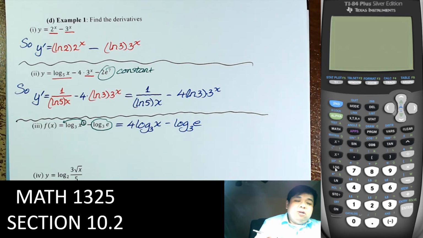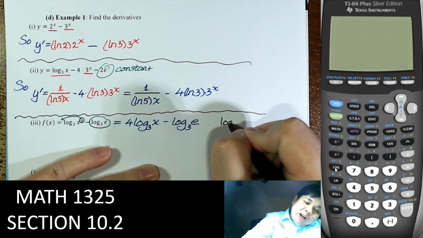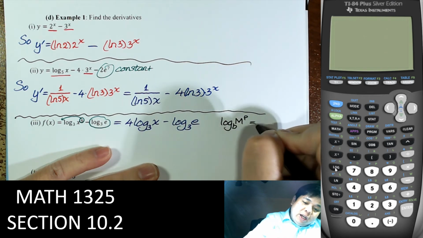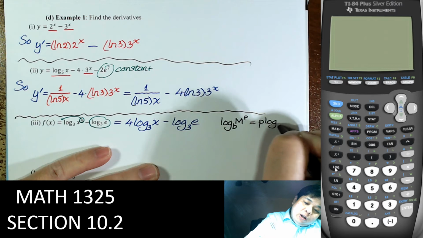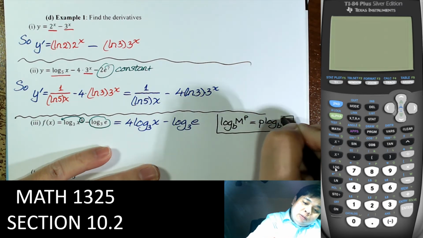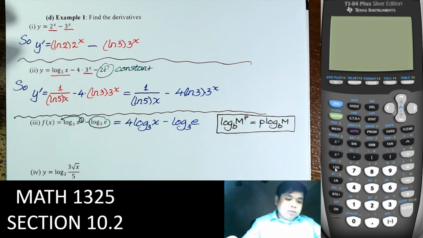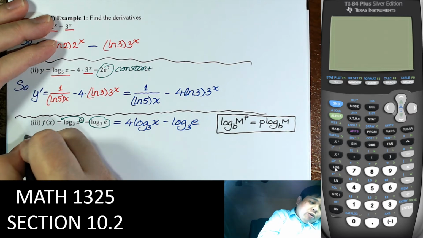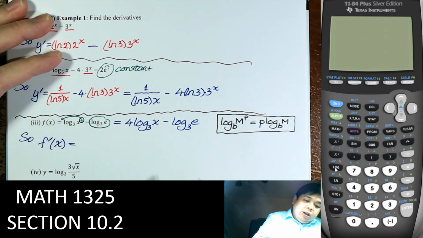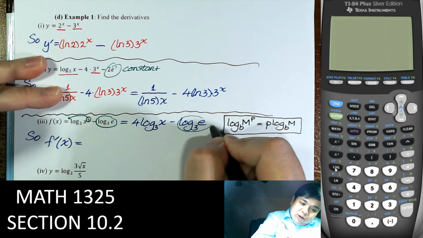Now, let's just write the formula that we use. Log of any base of m to the power p, we can move the p outside. So that's what we have. Now we take the derivative. Again, that constant will be 0.